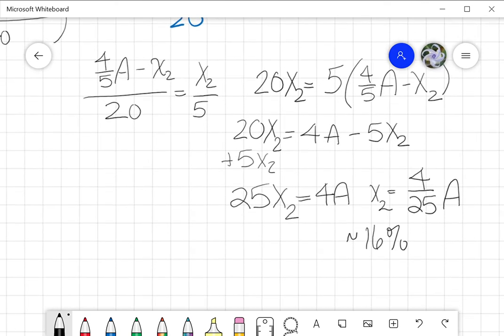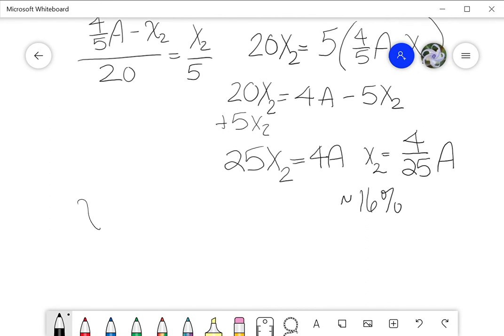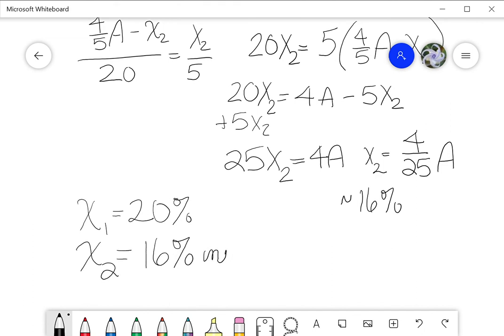So let's see what we get. After our first extraction, we collected 20%. And after our second extraction, we collected 16% more, for a total of 36% of our sample extracted using two extractions.